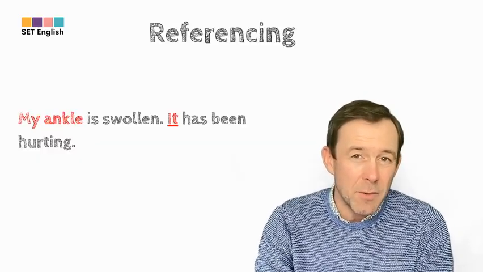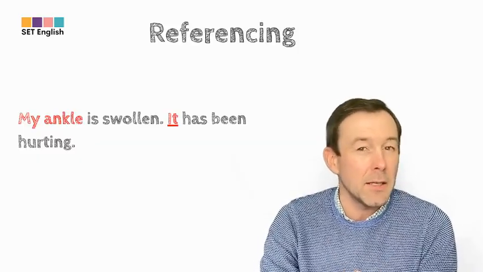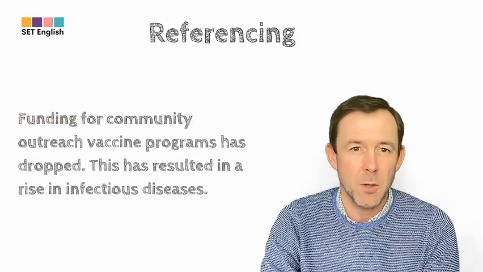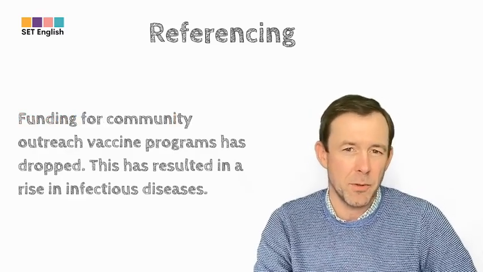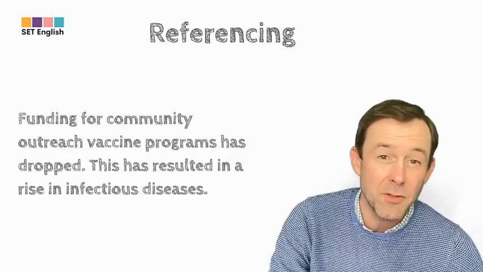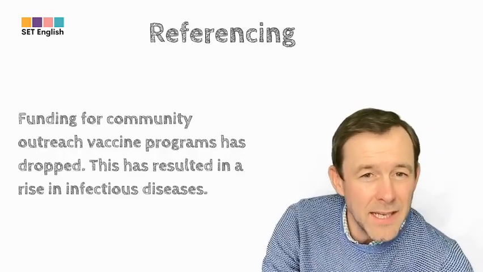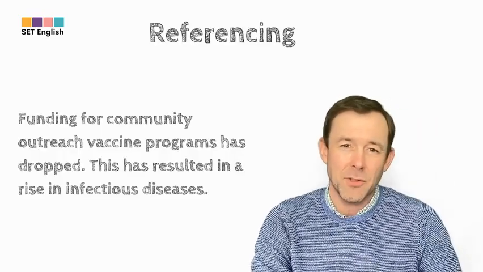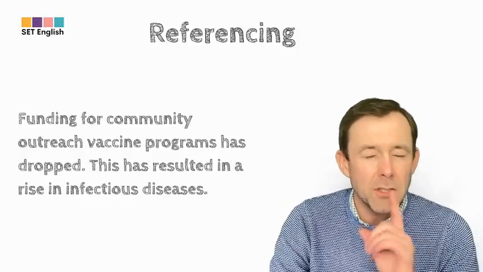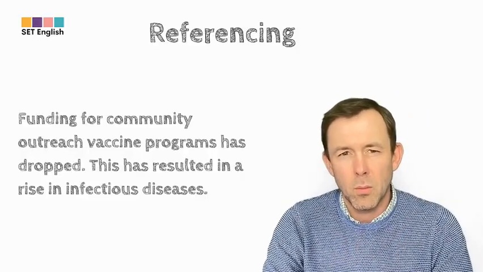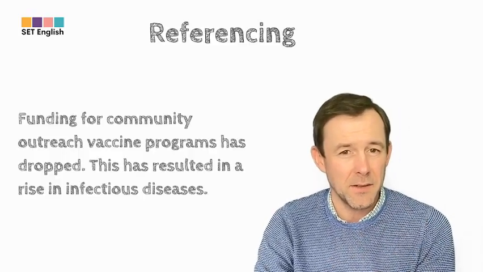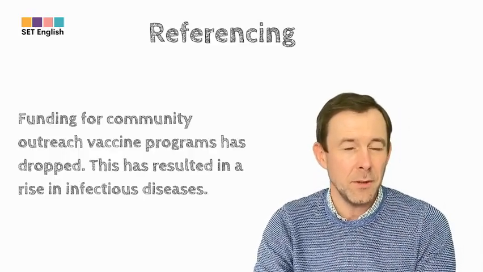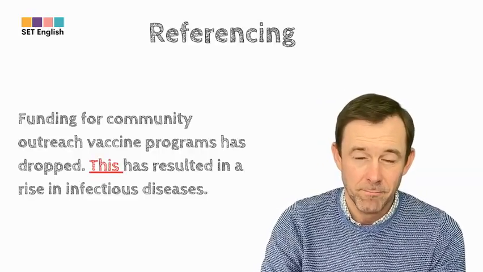But let me show you how it gets used in OET in a lot of situations, okay? So, funding for community outreach programs, vaccine programs has dropped. This has resulted in a rise in infectious diseases. Okay, so where is the referencing there? Well, we've got a first sentence and a second sentence. Well, the referencing word is this, okay?